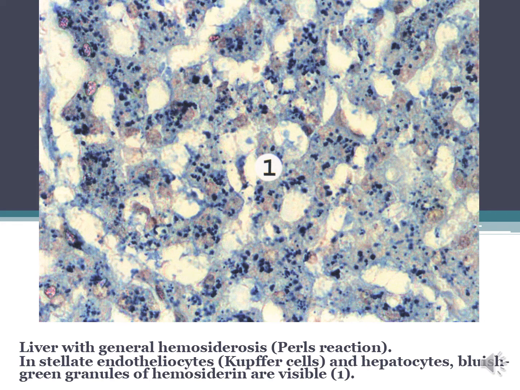We see here the tissue sample of the liver, and the Perls reaction helps to detect the hemosiderin, because it has in its structure the iron as a result of the breakdown of the heme, and it is stained with a bluish staining here, and the reaction has the name of Perls reaction.